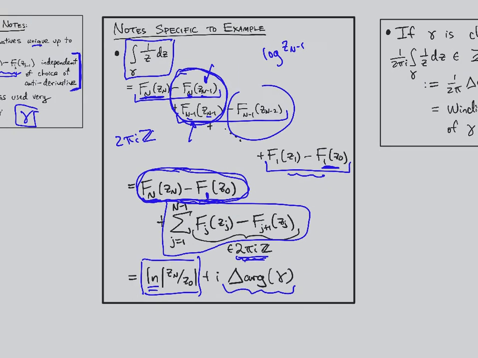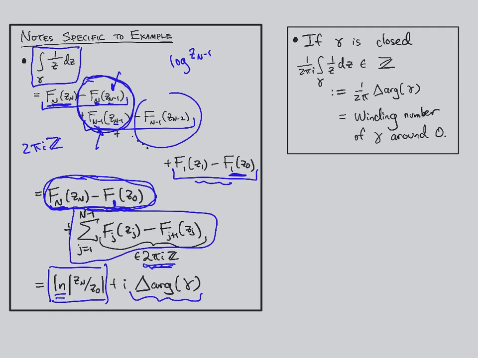But if the path here is actually closed, or if it's a loop, then this line integral over gamma will be an integer, because then this natural log term will go away, and also these two terms will differ by 2 pi i, because zn would equal z naught if we had a loop, and so the difference here would be 2 pi i times an integer.